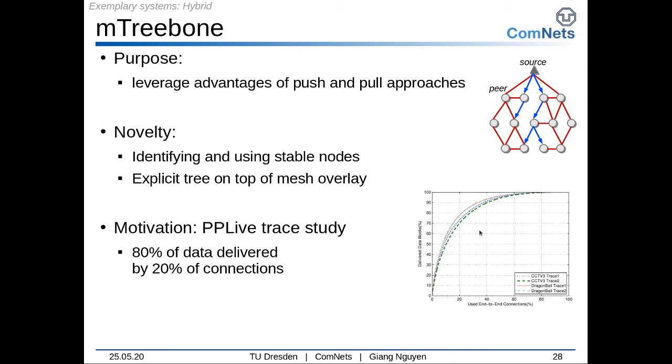The interesting thing here is that 80% of all the delivered video packets is done by 20% of all the connections. It means that a small number of connections are more important than others. And if we can identify those connections, we can establish the tree over them.